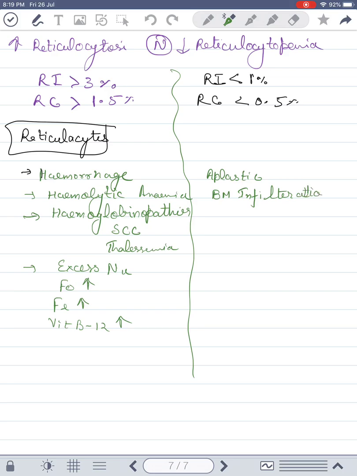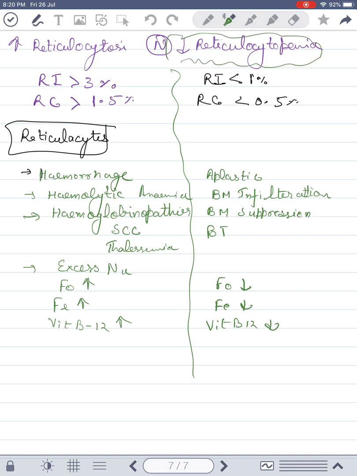So when there is bone marrow infiltration due to cancer or anything, bone marrow suppression due to chemotherapy, radiotherapy, sepsis, all these are responsible for bone marrow suppression. Also blood transfusion and disorders of RBC maturation, that is iron deficiency, folate deficiency, and vitamin B12 deficiency. So these are the reasons for a decreased number of reticulocytes inside the body.